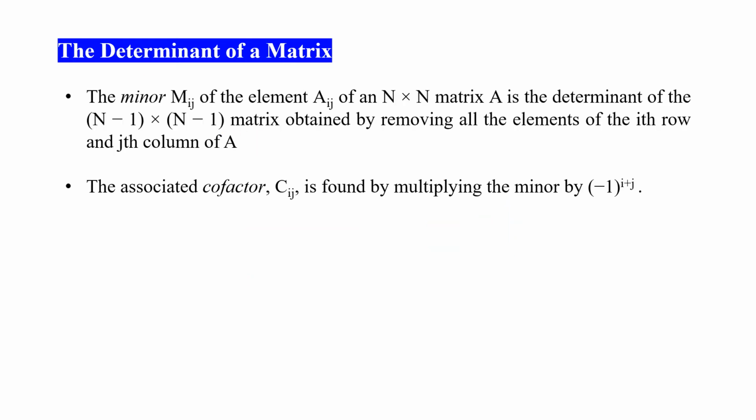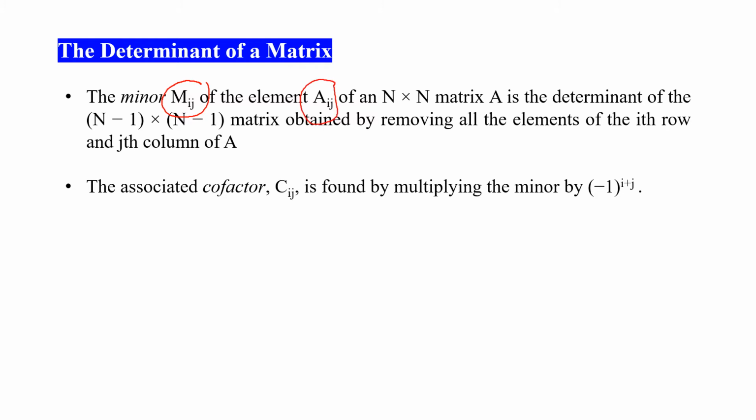Again, in order to find the determinant of your matrix, we need first to discuss the minor and the cofactor. The minor, which we can write as Mij, is the minor Mij of the element Aij, referring to any element of your matrix, of an n by n matrix.